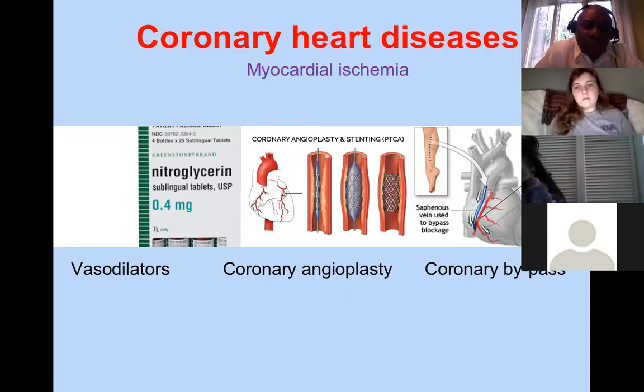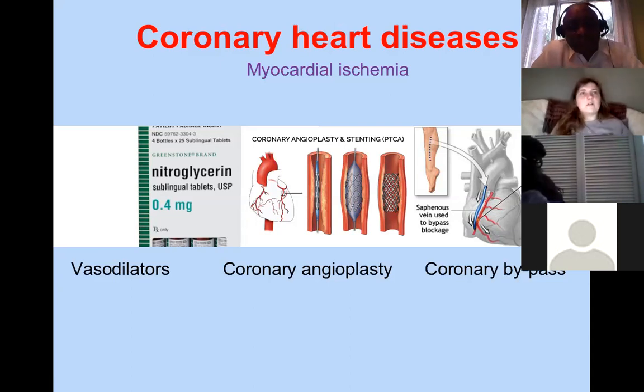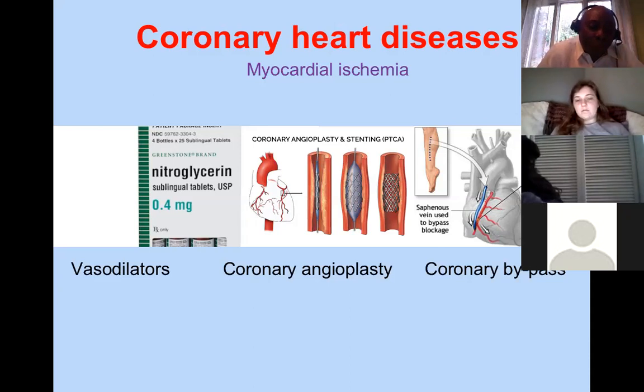Nitroglycerin will produce nitric oxide. Nitric oxide is a gas, and this gas is normally produced by endothelia. Remember, we've talked about endothelia, the inner lining of the heart and the blood vessels. They produce nitric oxide, and so they will cause vasodilation. So they help to solve ischemia.